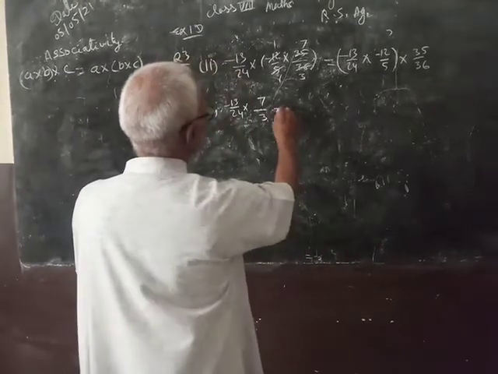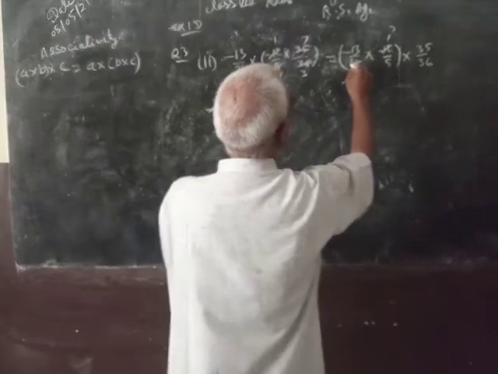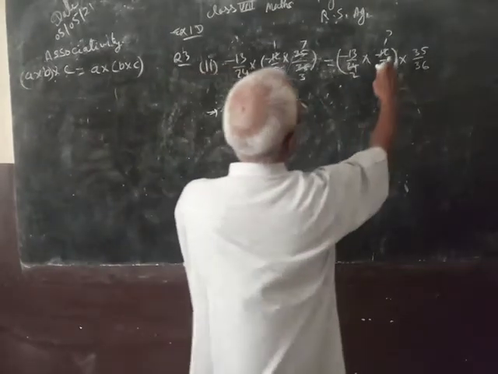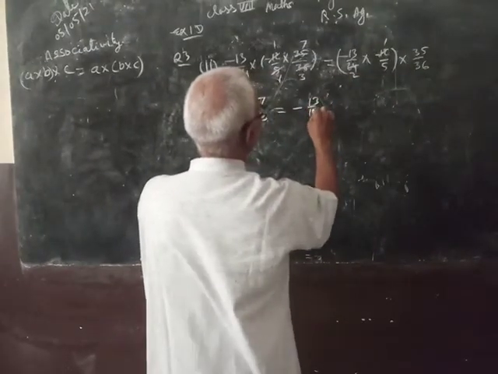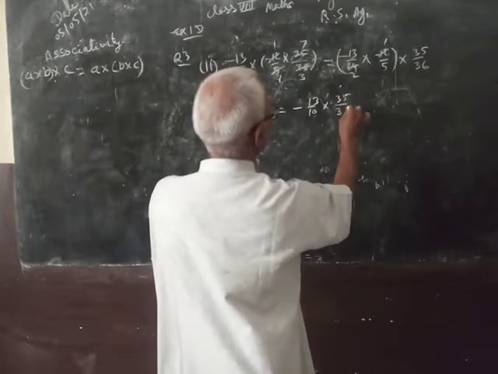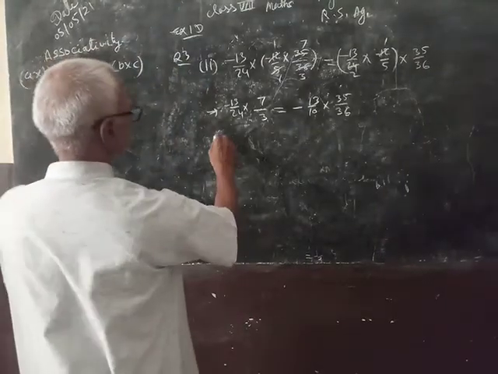And in the right hand side, see, here 12 1 ja and 12 2 ja. So it becomes minus 13 upon 10 into 35 by 36. So what comes?